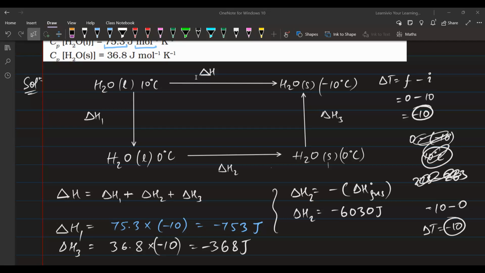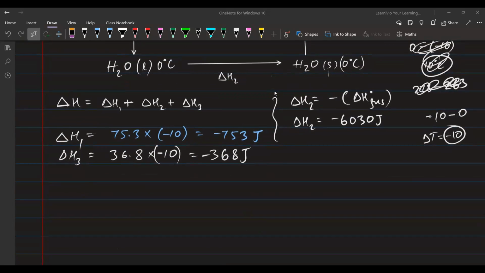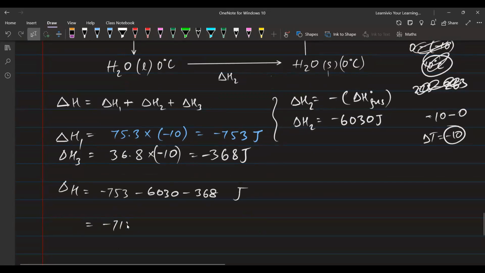Is everyone done? Raise your hand if you're done, guys. Okay, so delta H will be equal to minus 753 minus 6030 minus 368. Everything is in joule, and this is coming as minus 7151 joule.